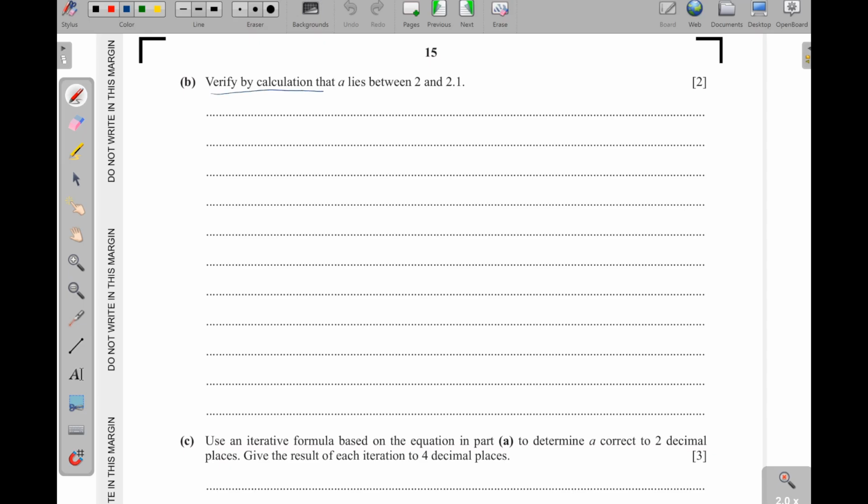Part B, verify by calculation that a lies between 2 and 2.1. If, for example, I have a graph, and maybe these are my axes, and this graph, let's say, cuts the x-axis here. If it cuts the x-axis here, let's say this is the root, then there is a value of x that is to the right of the root, and then there is also a value that is to the left of the root.